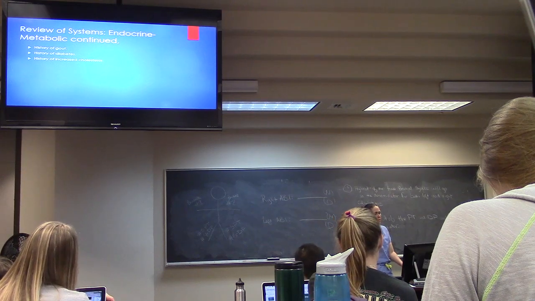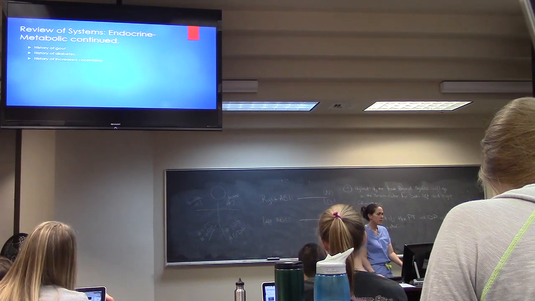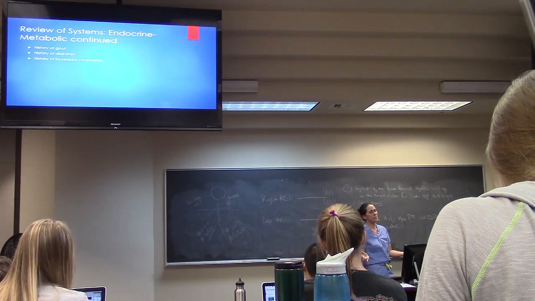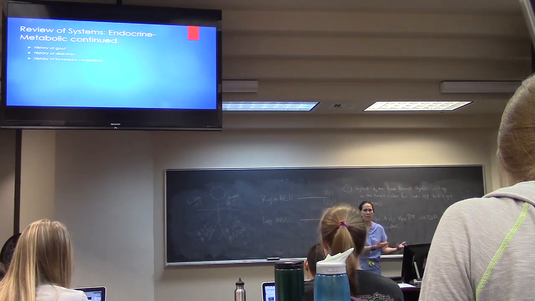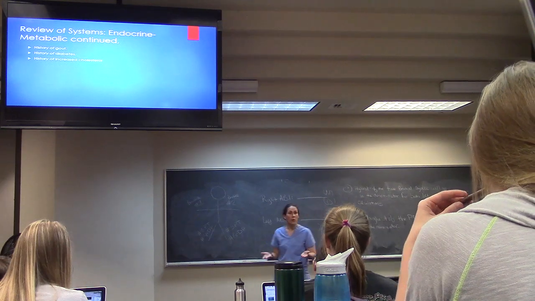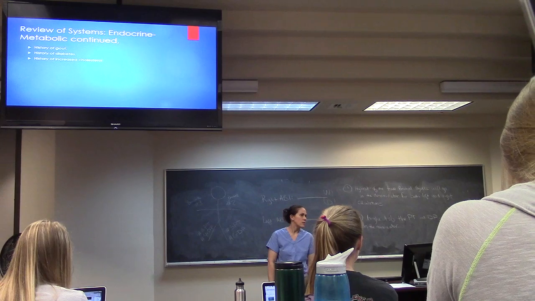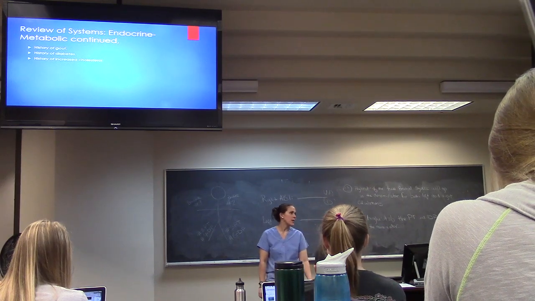And then always history of gout, history of diabetes. On your sheet, it just says increased cholesterol, but I put history of. Do you have a history of it? Or are you currently having issues with increased lipids? It's a good way to ask that.